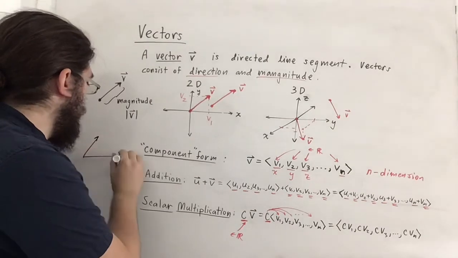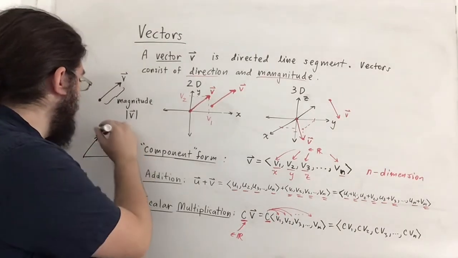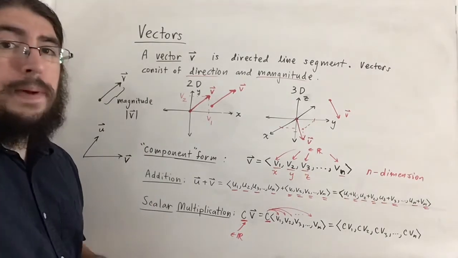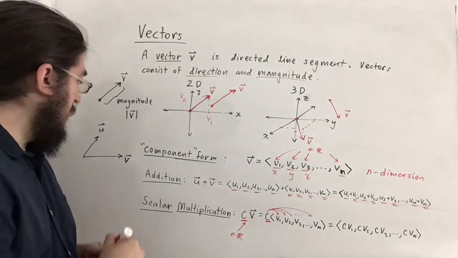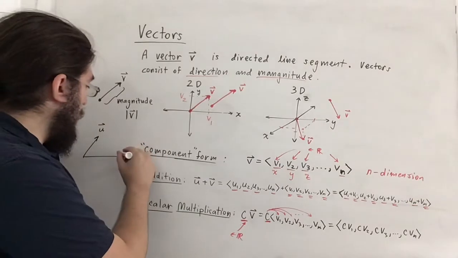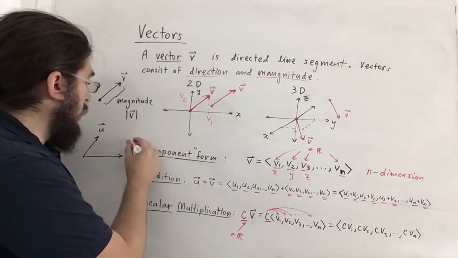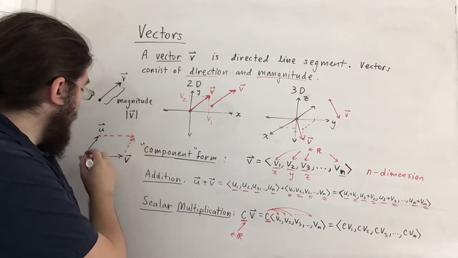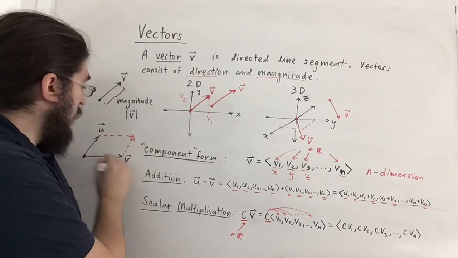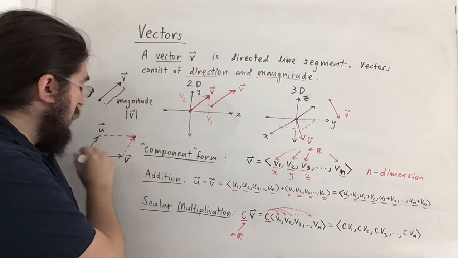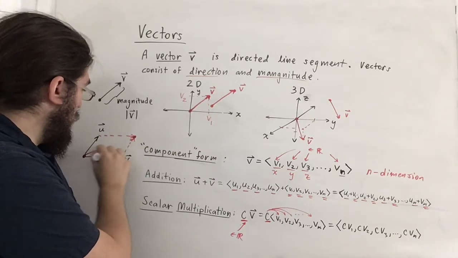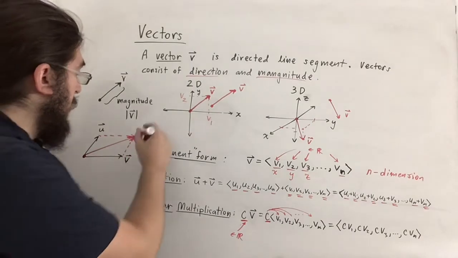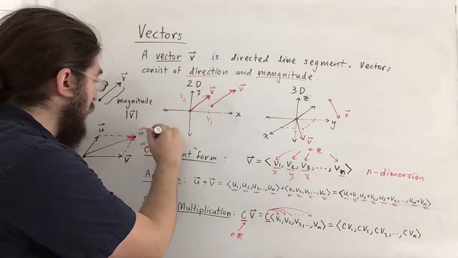So if this is u and this is v, for instance, then you can create a parallelogram by essentially copying v over like this, and copying u over like that, where the tail of one hits the head of the other. Then the diagonal of this parallelogram ends up being the sum of the 2 vectors.